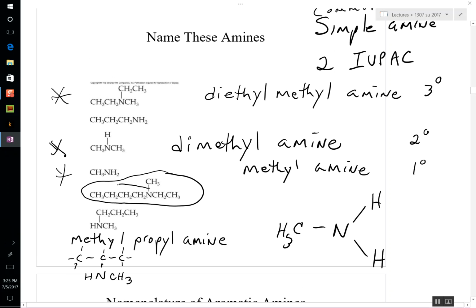And here would be the parent name right there. Okay, now the IUPAC name of that, I've got longest chain, 1, 2, 3, 4. So that'd be butane.